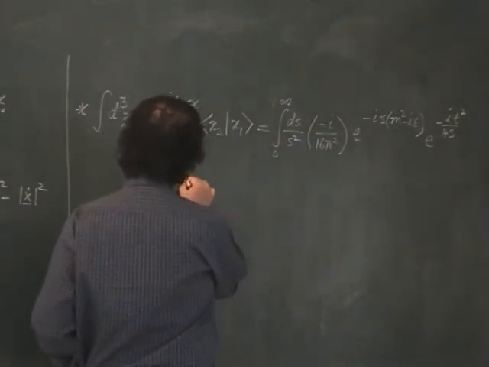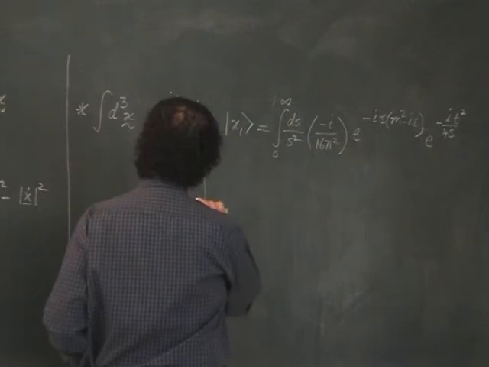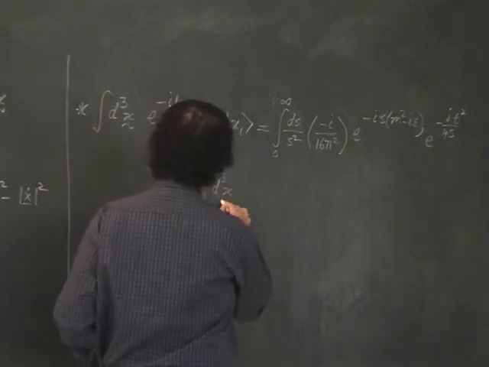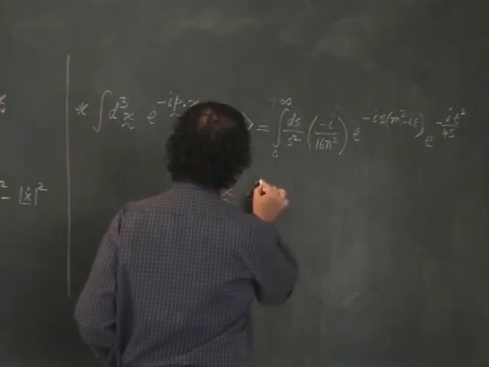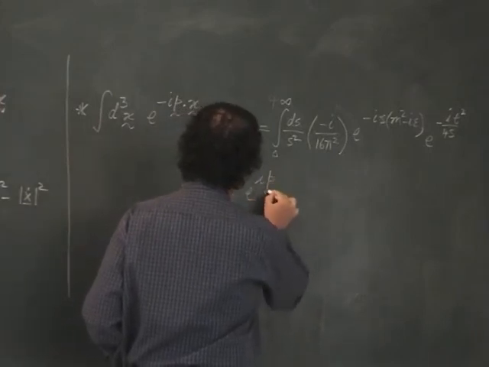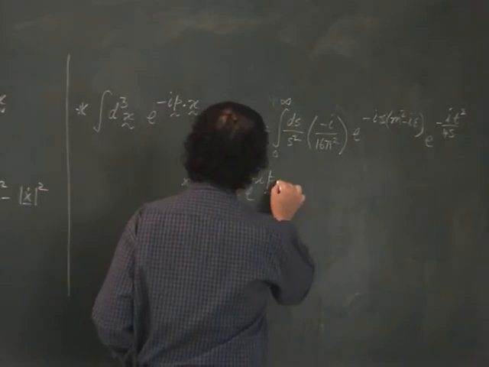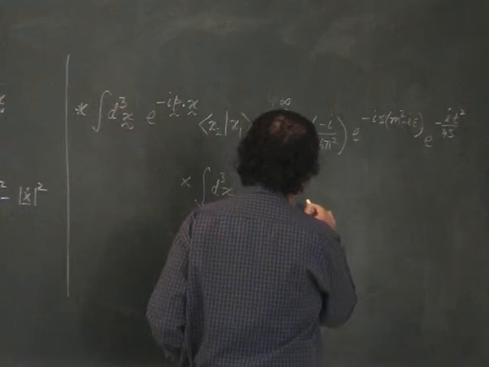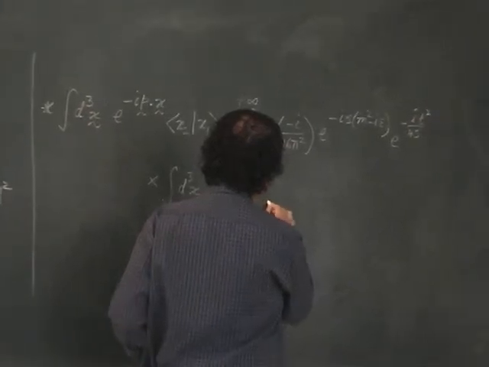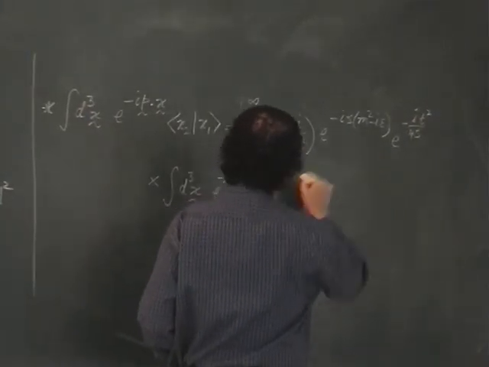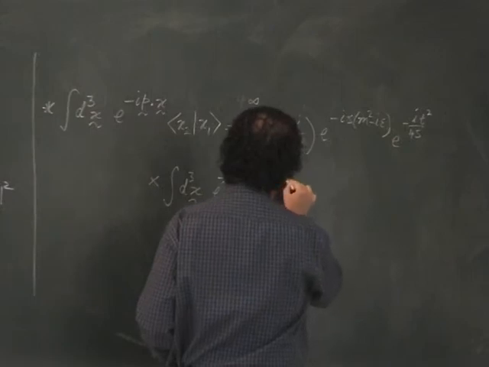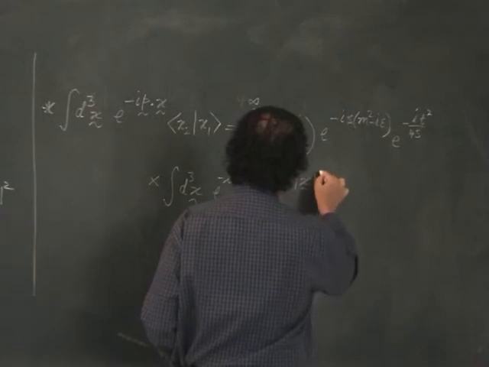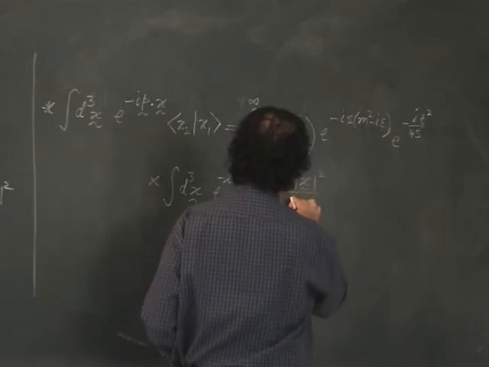Then I have the integral over d3x of e to the minus i p dot x. Exponential, this minus will go away now, plus i mod x square upon 4s.